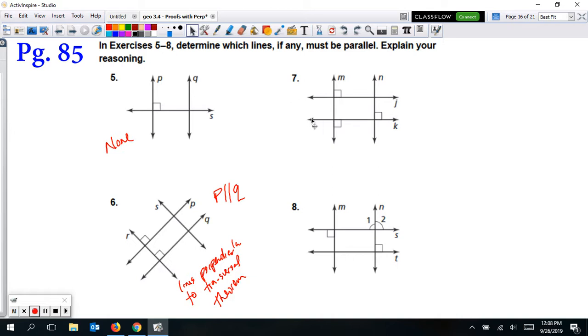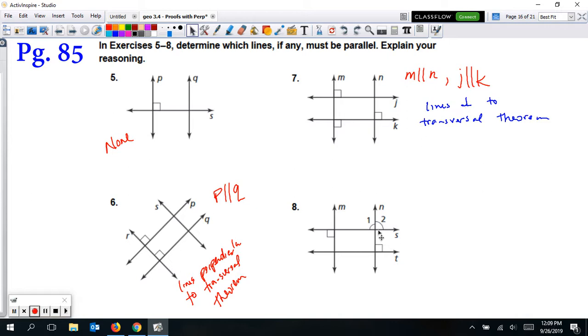But also if you think of K down here as a transversal, K is perpendicular to N and K is perpendicular to M, so that would definitely show that M and N are parallel. So M is parallel to N and J is parallel to K, and the reason for that again is lines perpendicular to transversal theorem. I used the little symbol there instead of writing out the entire perpendicular word.